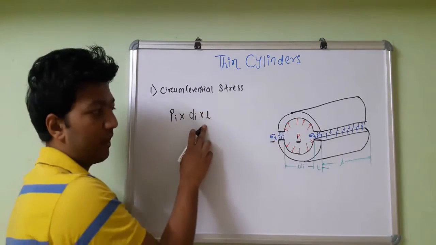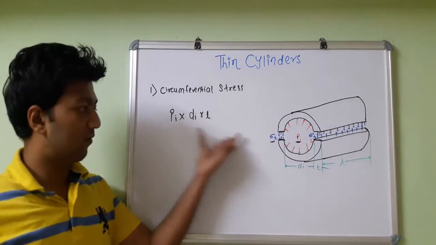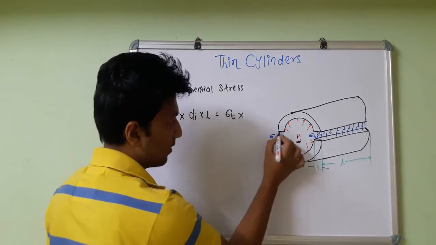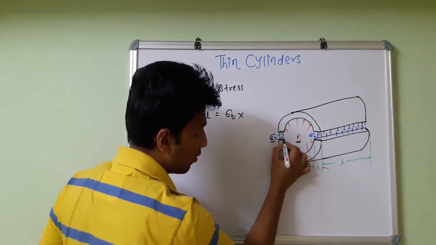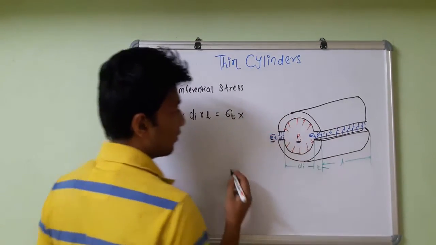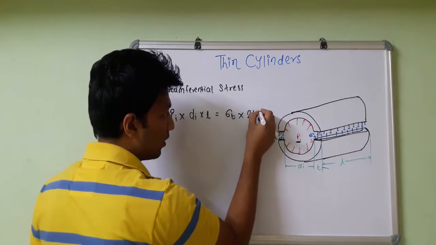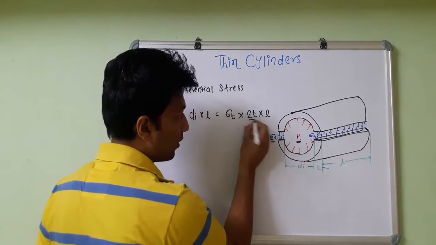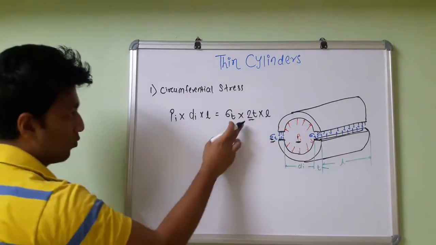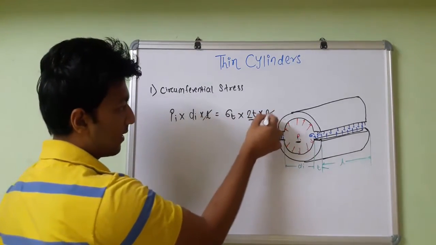That equates with sigma T acting on this surface throughout the length, so 2T into L. Why 2T? Because there is one thickness here and one thickness here. The L and L get cancelled.